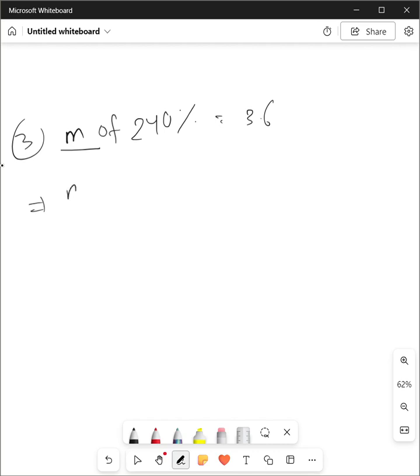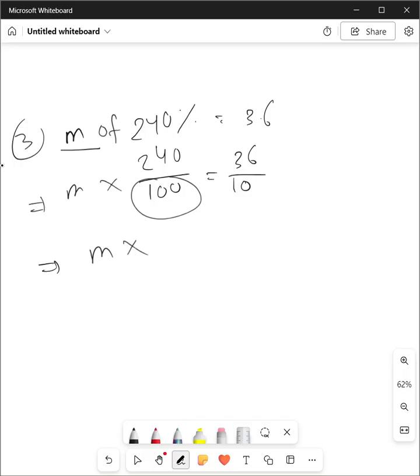So we have to do the simple part: 240 divided by 100 times m equals 3.6. We write it as 3.6 equals 36 divided by 10, so we erase this 100. So 240 times m equals 36 multiplied by 100 divided by 10, and then we remove this part also.